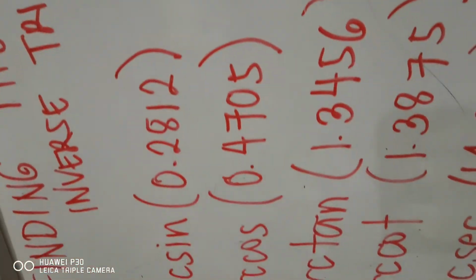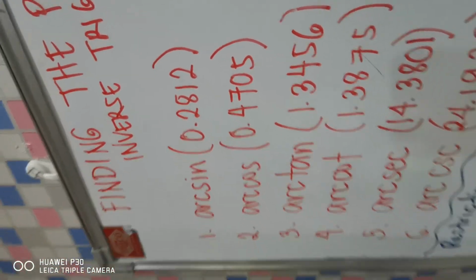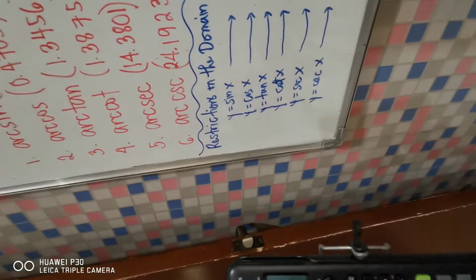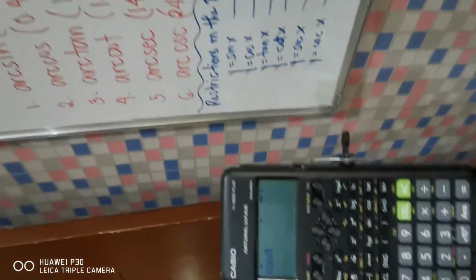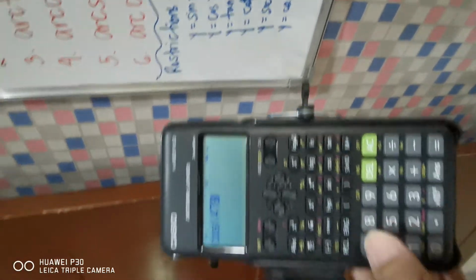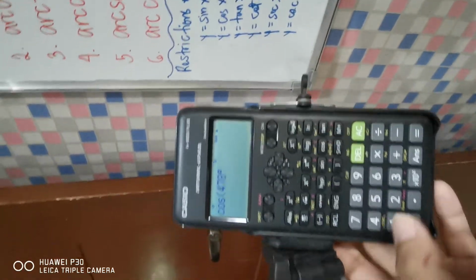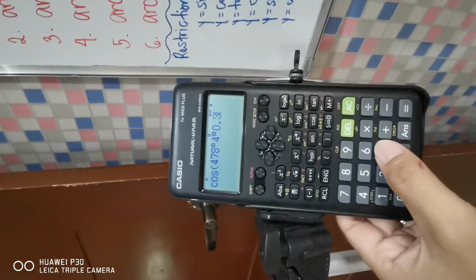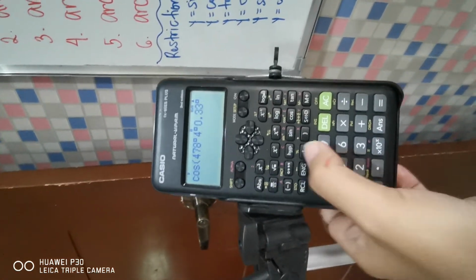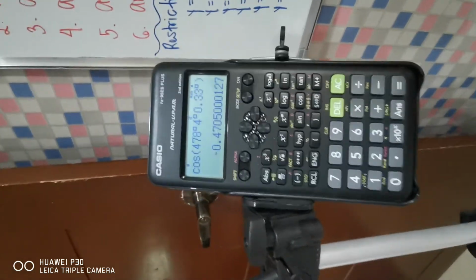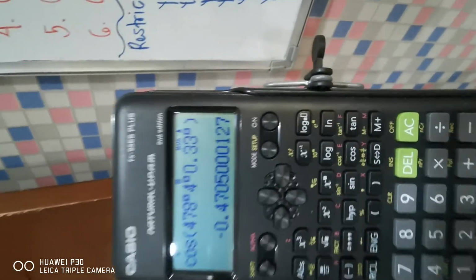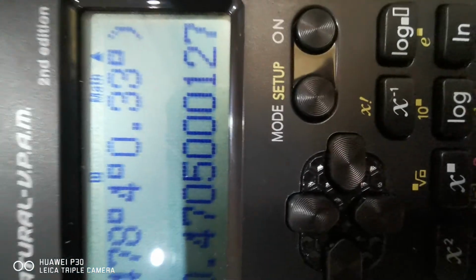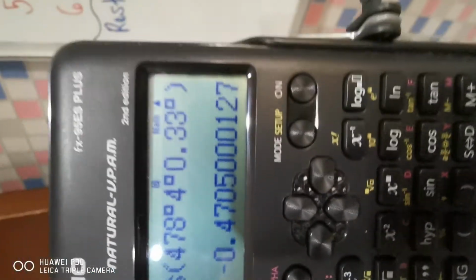Let's try to see if we arrive at the same approximation of the trigonometric function. So we have cosine 478 degrees, 4 minutes and 0.33 seconds. Let's see. So it's 0.4705.